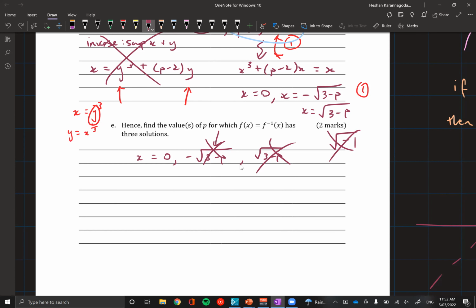Okay. So just note, when I say 3 solutions, it doesn't necessarily mean 3 general expressions. It means the actual values exist and they're unique. Like I mentioned, a keyword before: unique. So although these square roots might still exist, if they equal 0, let's say the square root of 3 minus P was equal to 0, then this solution would be the same as this solution.